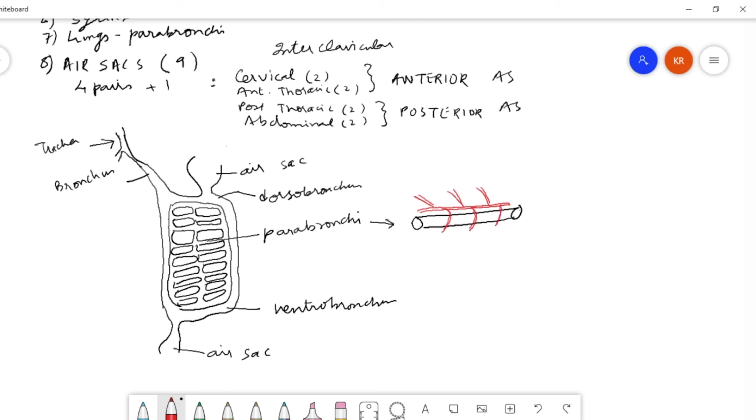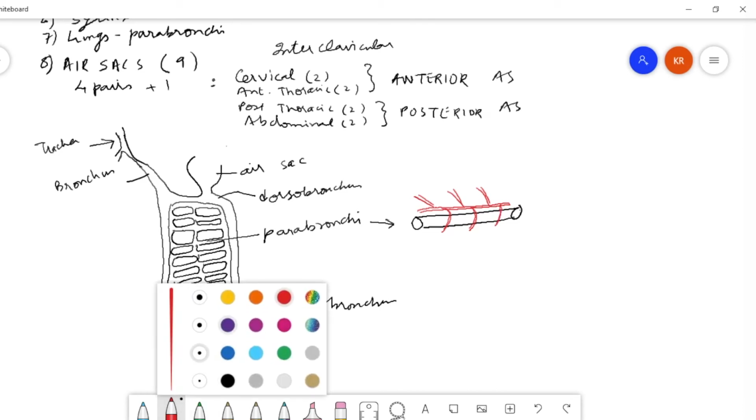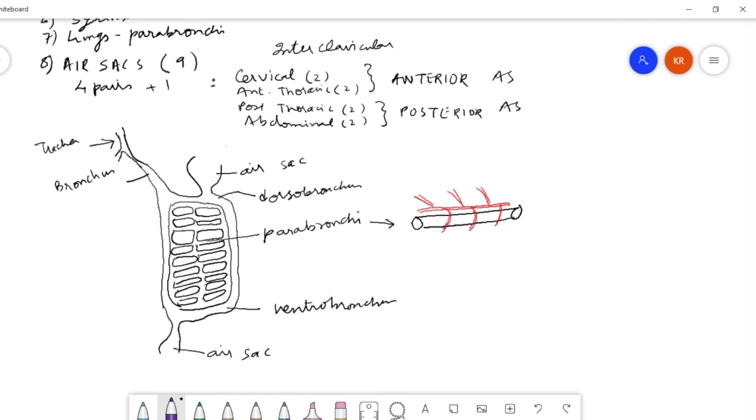Now, naturally, since it is the capillary, what I have shown here in red color means that it is oxygenated blood, but there will also be deoxygenated blood.